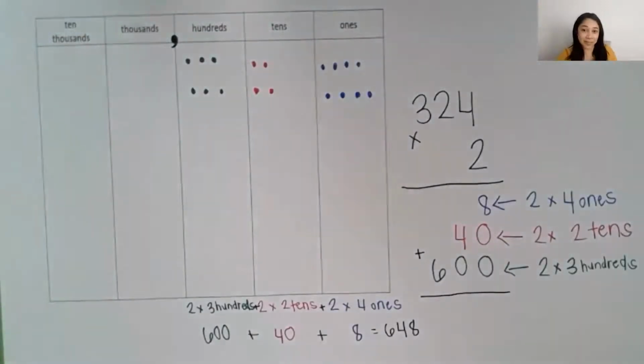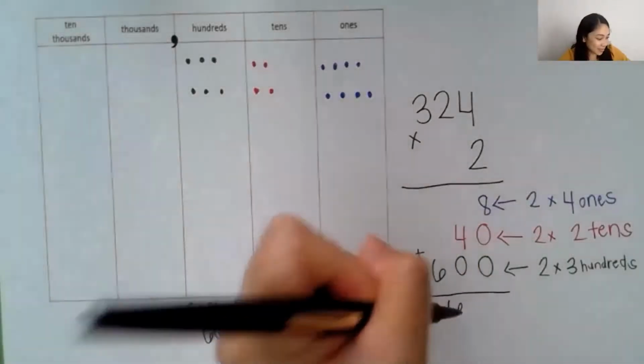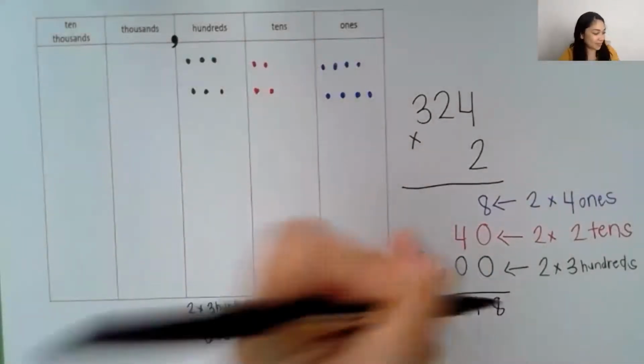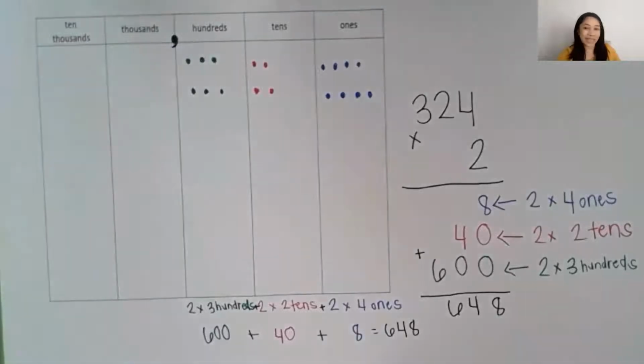What is their sum? The sum is 648. Look, they match. It's just another way to represent the answer.